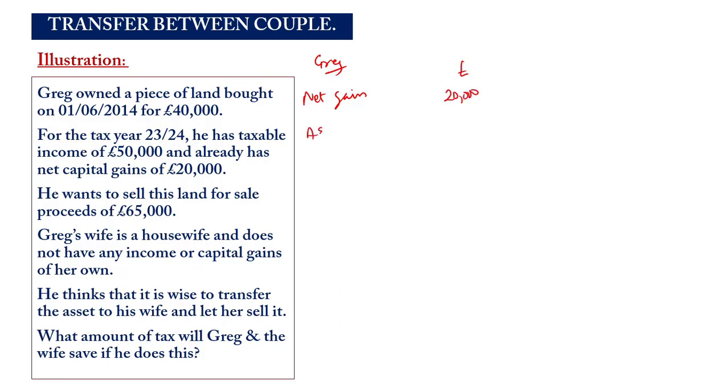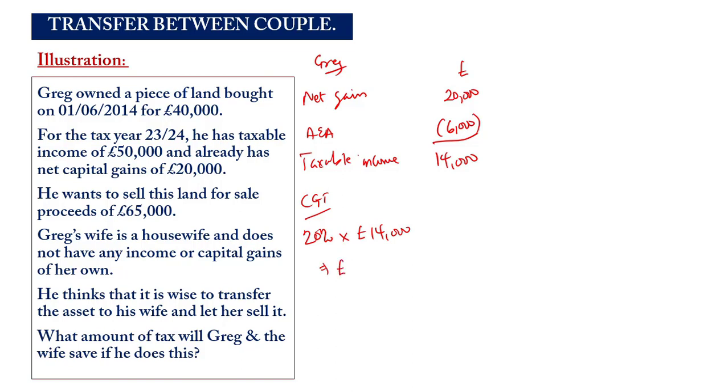Then we'll charge the annual exempt amount of 6,000, giving the taxable gain of 14,000. So the capital gains tax will be 20% on the 14,000 pounds, giving 2,800.